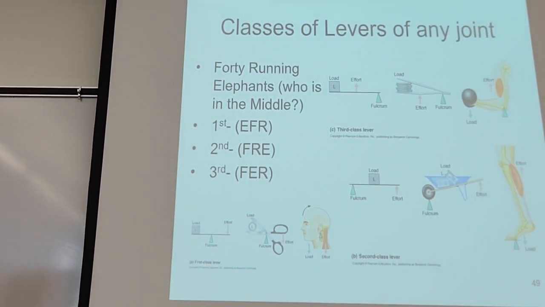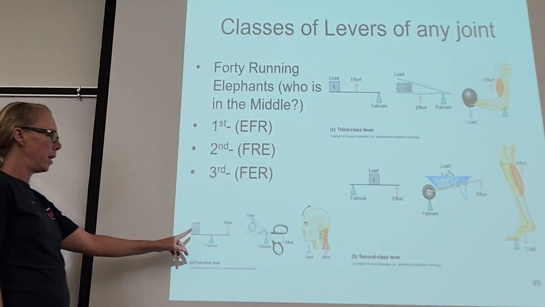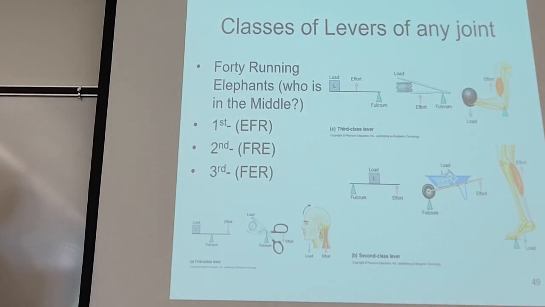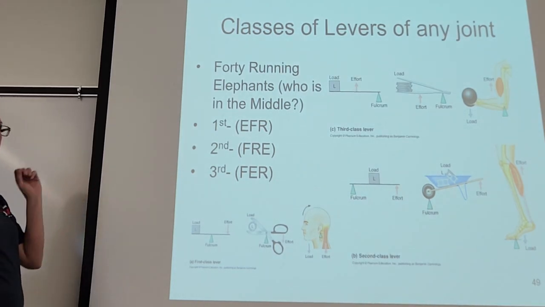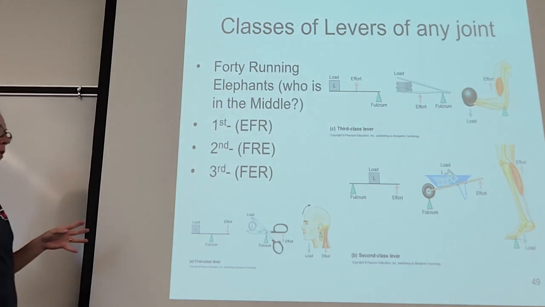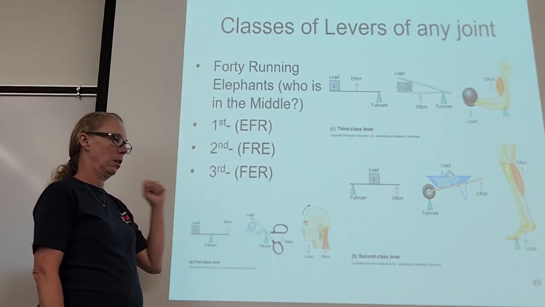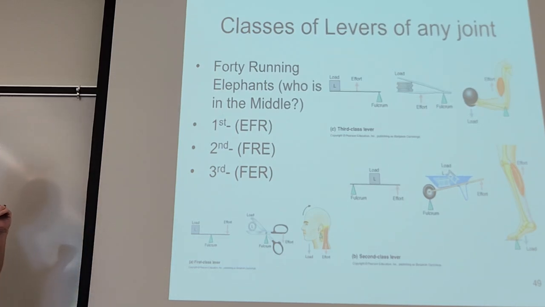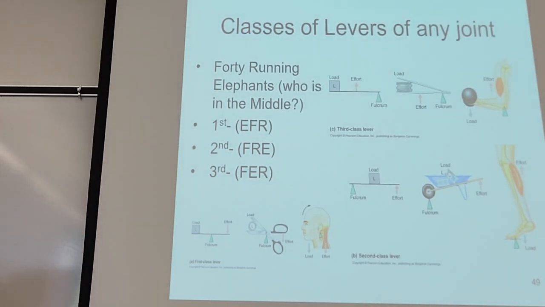In a first class lever, you have the fulcrum in the middle, you have the load or the resistance on one side, and you have the effort on the other side. Classic example of that is scissors.